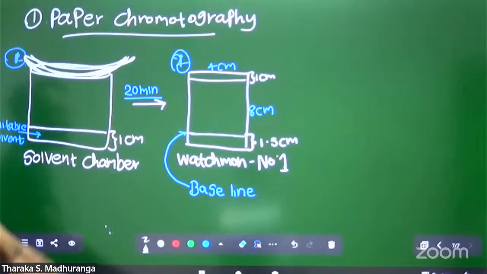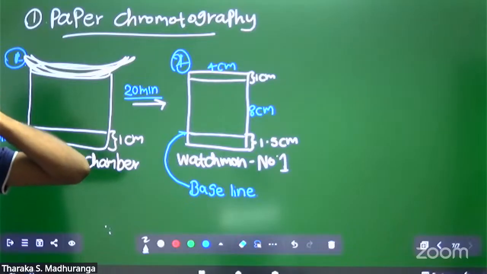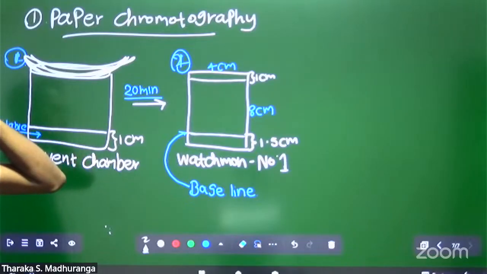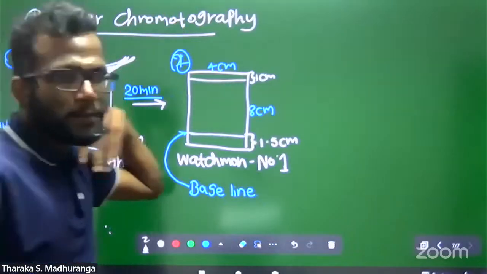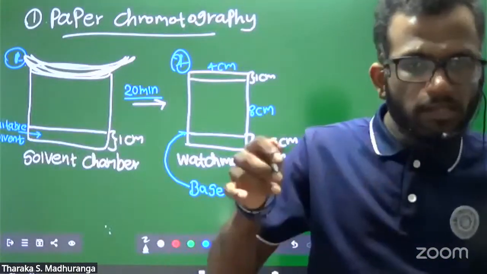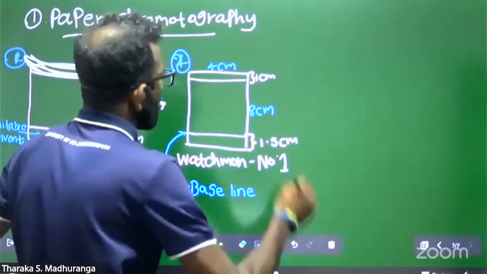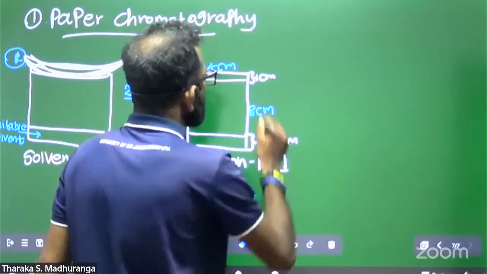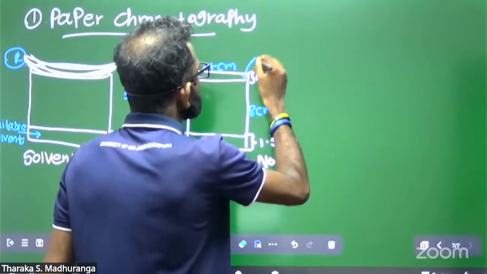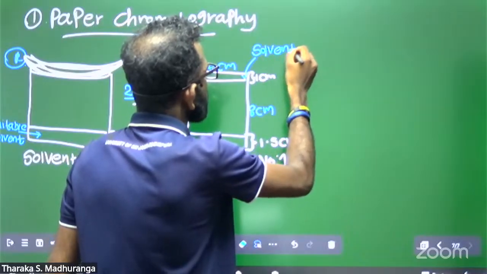Then draw the baseline 1.5 centimeter above the lower end, and a very thin line 1 centimeter below the upper end. This also has a specific name. This line we call the solvent front line.